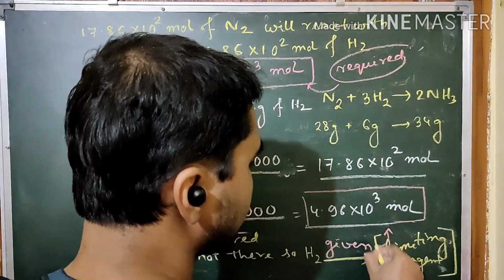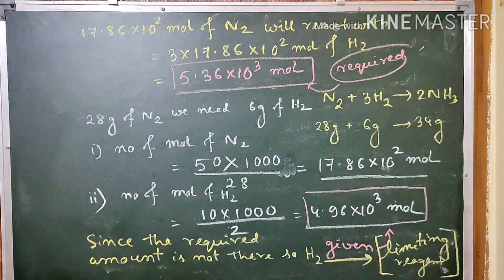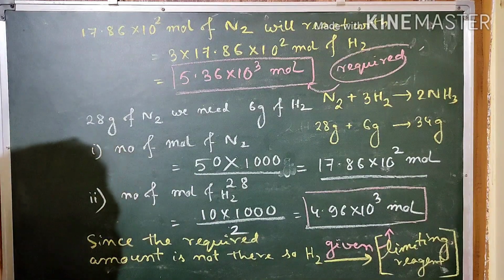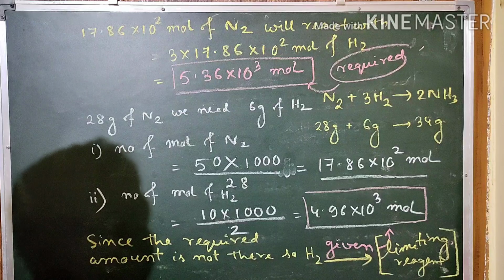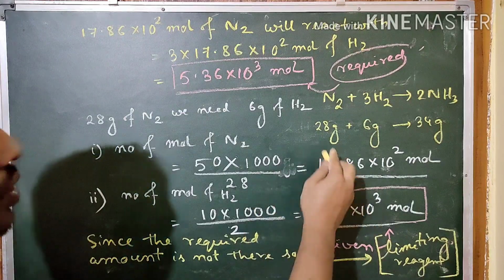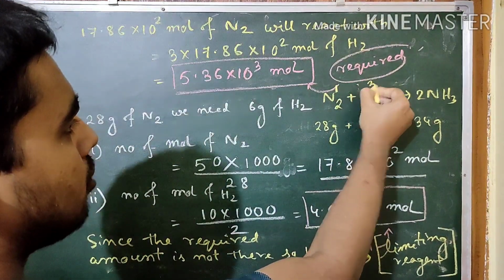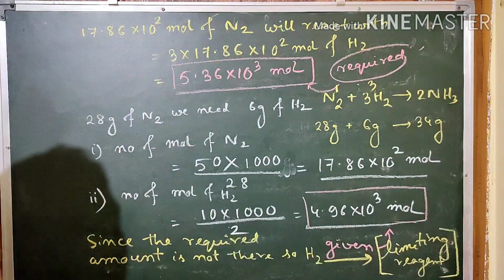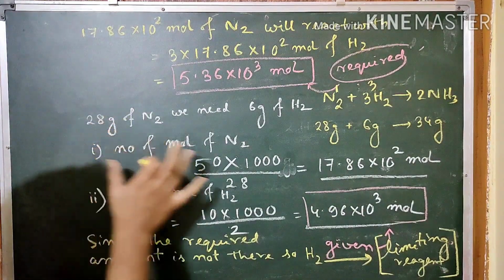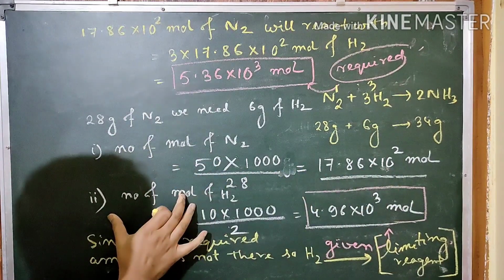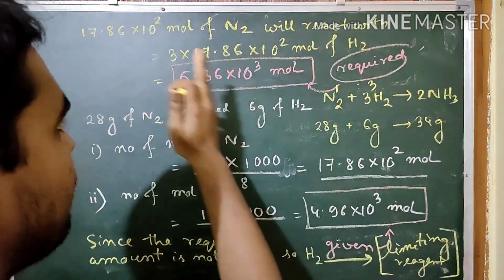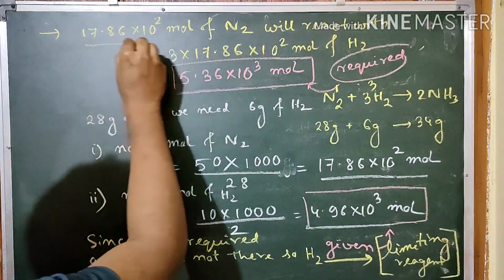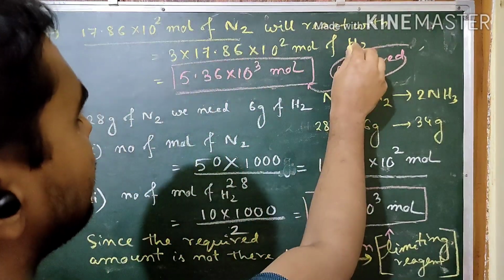We need to understand this particular problem. Again, I am telling you what we have done. Since one was given in gram and another in kg, the best way is to take the molar ratio, 1 mole is to 3 mole. From there, what is the given amount of nitrogen in moles, and the given amount of hydrogen in moles? Then we calculated how much hydrogen the given nitrogen will react with.